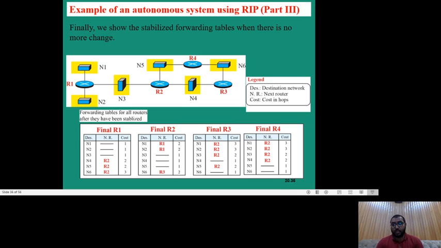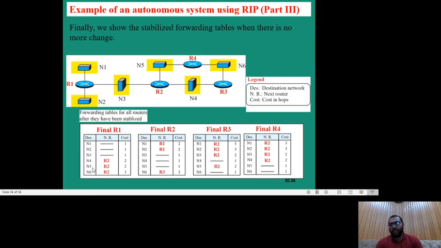As at the start, we see in this autonomous system we have 6 networks from N1 to N6, and all the entries are available in each and every routing or forwarding table. You can see all entries here, but the only difference is the cost. Let me take an example.